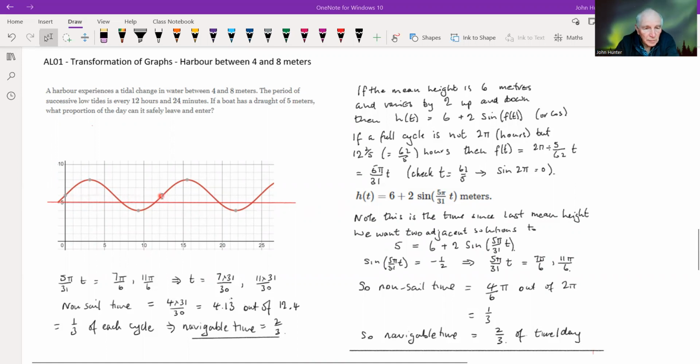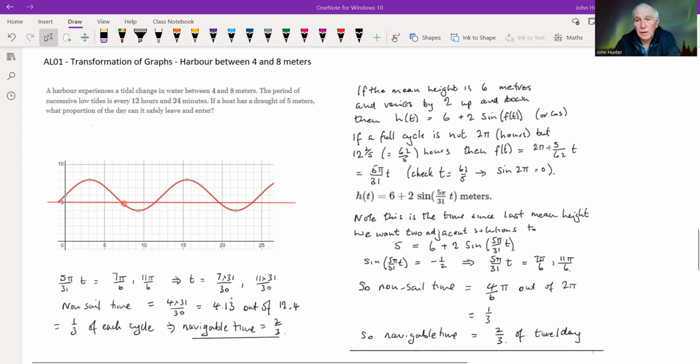So that's from mean height, the tide coming in, to mean height, the tide coming in for the next time. That's 12.4 hours. Okay, so we're basically wanting to find the situation where the tide is at 5.